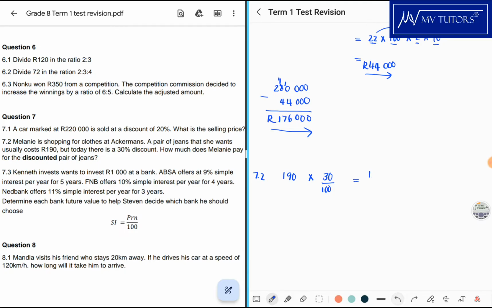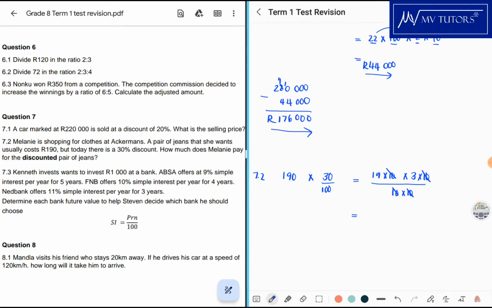Let's not do that. Okay, so I think what we can do, let us just take 19 multiplied by 10. That'll give us 190, and then take 3 and multiply it by 10. Okay, I think that's much better. Over 100. So 100 is actually 10 times 10. Okay, I hope you see what I'm doing here. So I'm going to cancel out there.